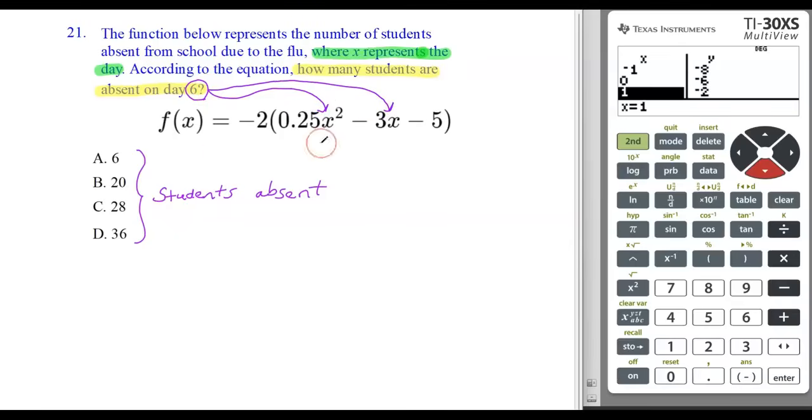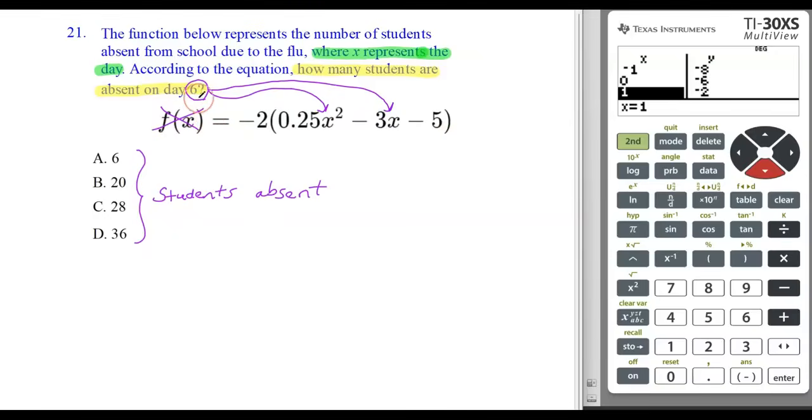And whatever I get out will tell us how many students are absent. Now you're probably wondering what this means right here. In reality, we don't need to even worry about this. This is function notation. It means f at x. But let's just focus on this right-hand side here.